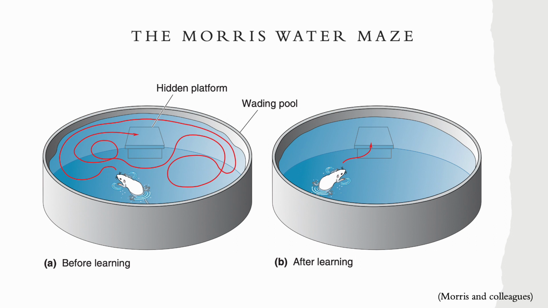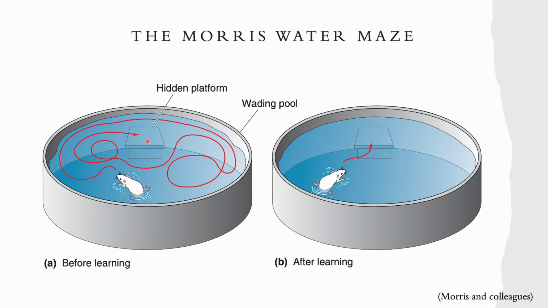The Morris water maze is another behavioral paradigm that's utilized to study learning and memory in rodents. As you can see here, the Morris water maze is a circular pool and it's filled with opaque colored water. So rats have to learn to locate a hidden platform, shown here just beneath the water surface, utilizing different spatial cues.